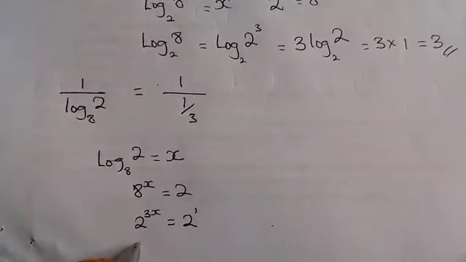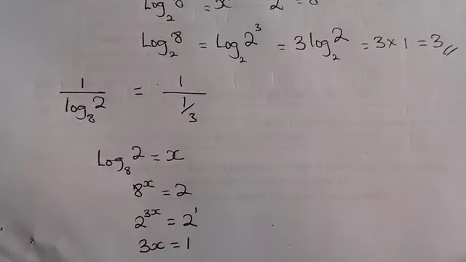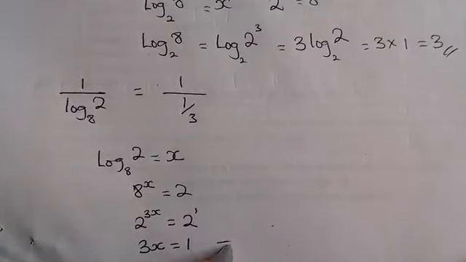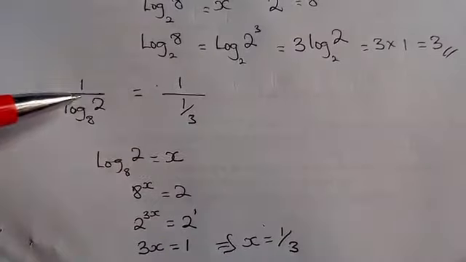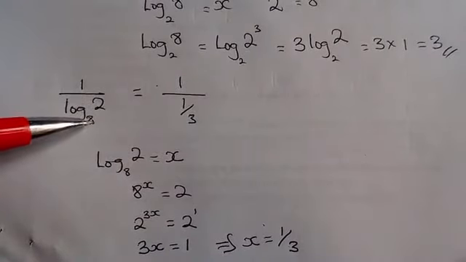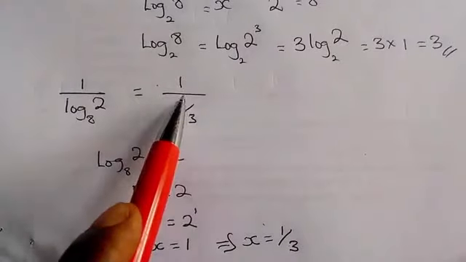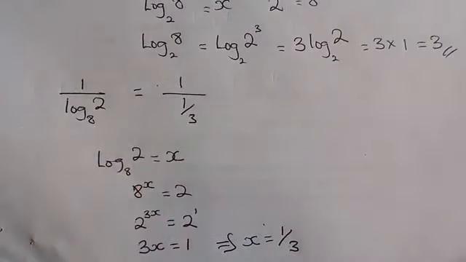And equating their powers here, we have 3x equal to 1. For us to get the value of x, we'll divide both sides by 3, implying that x here is equal to 1 over 3. So that is why 1 over log 2 to base 8 here is equal to 1 divided by 1 over 3.